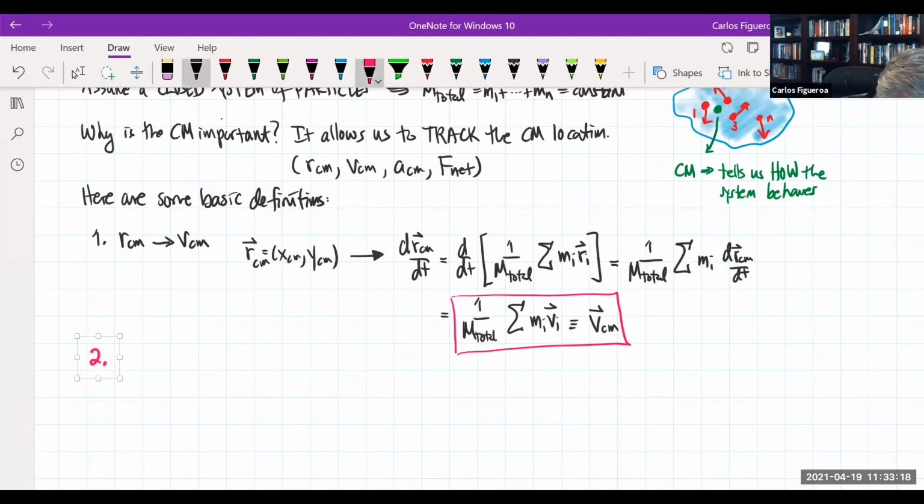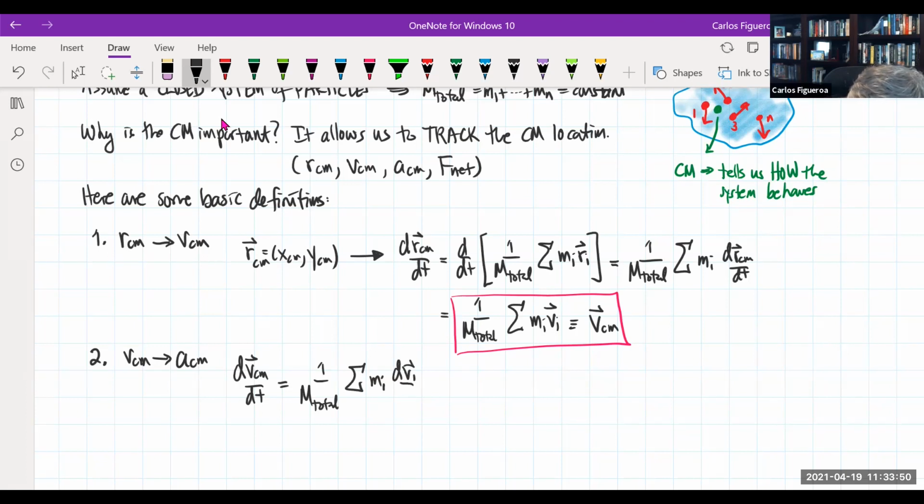And then you could imagine that I could do another simple basic definition. I can go from V center of mass to the acceleration of the center of mass. And you could imagine what I'm going to do. I'm going to take the derivative of this guy. If I take the derivative of the center of mass velocity, we know that all the mass terms are a constant. So then I'm really taking the derivative of all of the individual velocities.